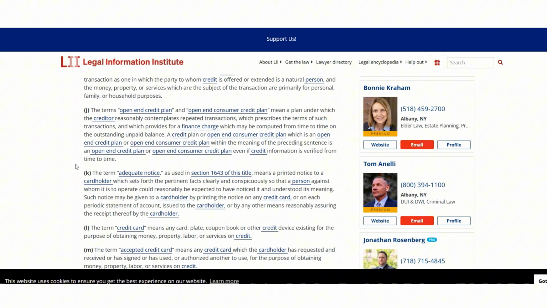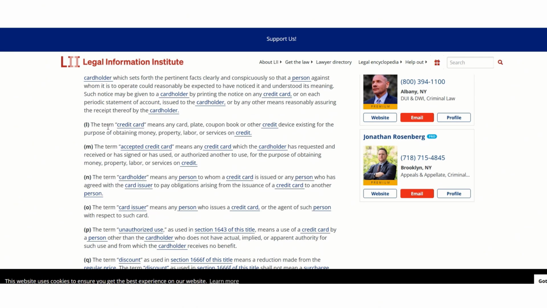All right. The term credit card means any card, any, right? Means any card, plate, coupon book, or other credit device existing for the purpose of obtaining money, property, labor, or services on credit. All right.